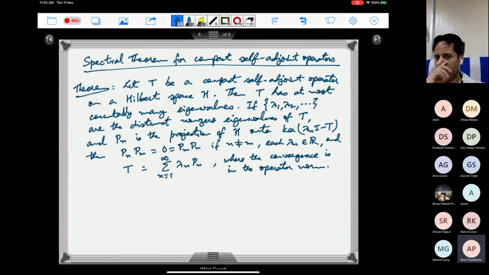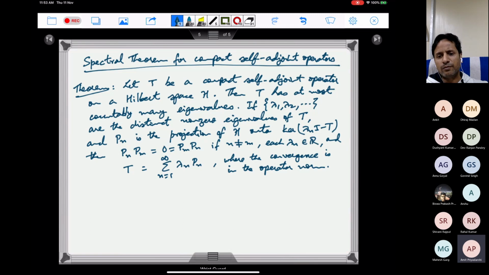So we choose lambda 1 to be such an eigenvalue. And then we look at this space, which is the kernel of lambda 1 I minus T. What we know is that this is invariant under T, because any eigenspace is invariant under T.